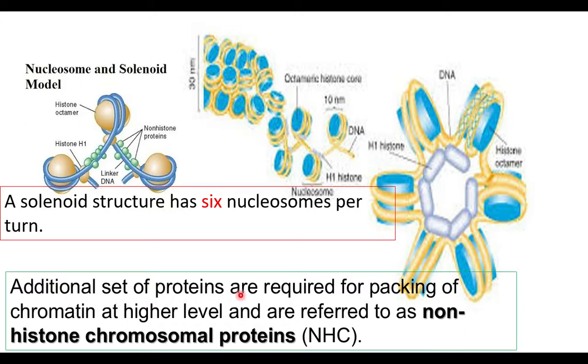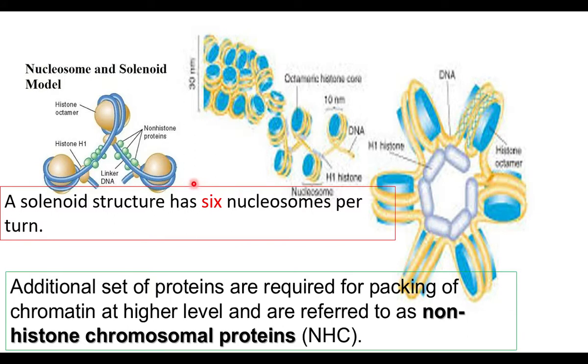Additional sets of proteins are required for packaging of chromatin at higher level and are referred to as non-histone chromosomal proteins, NHC. You know what histone proteins are, what non-histone chromosomal proteins are, and what a solenoid is. 6 nucleosomes form a solenoid.